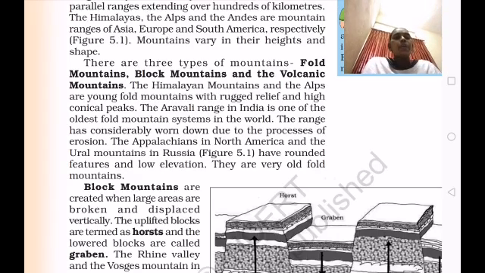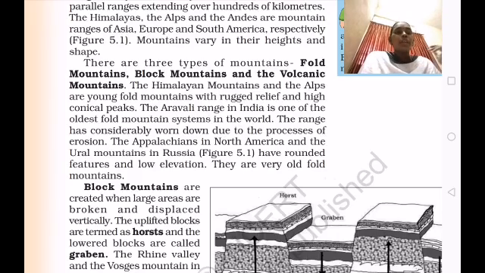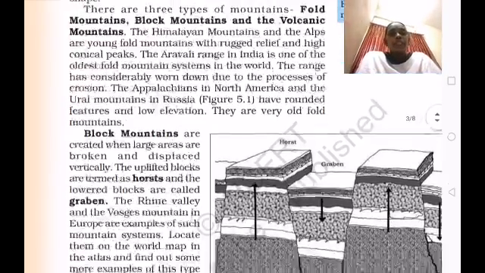Erosion takes place when wind and floods act on the fold mountains. The Appalachians in North America and the Ural Mountains in Russia, in figure 5.1, have rounded features and low elevation. They are very old fold mountains.